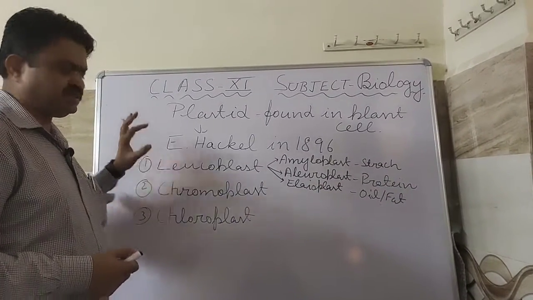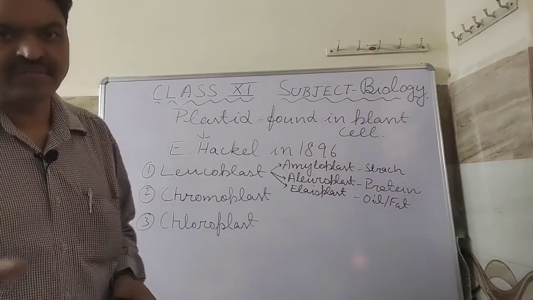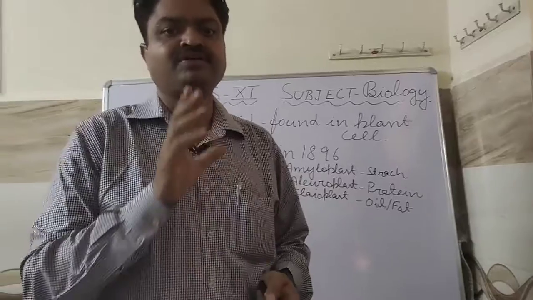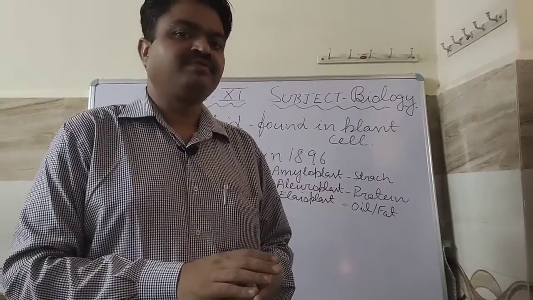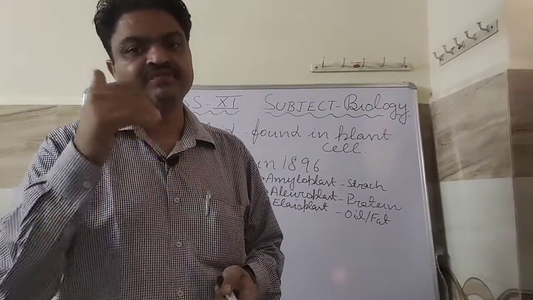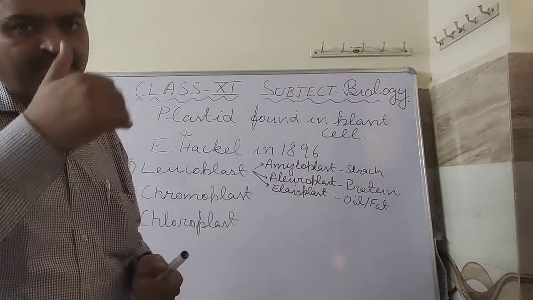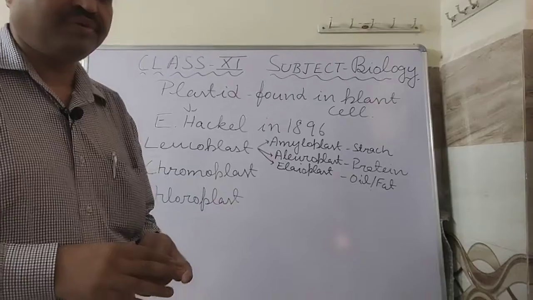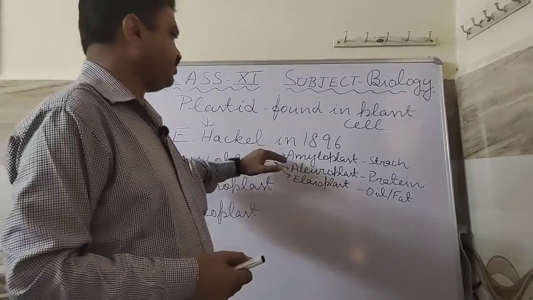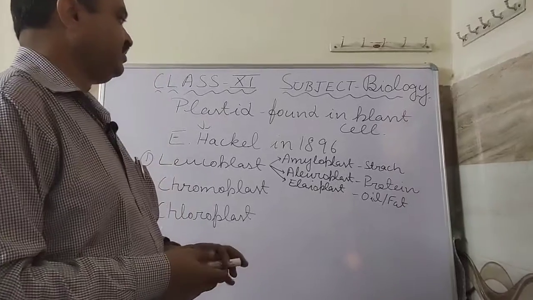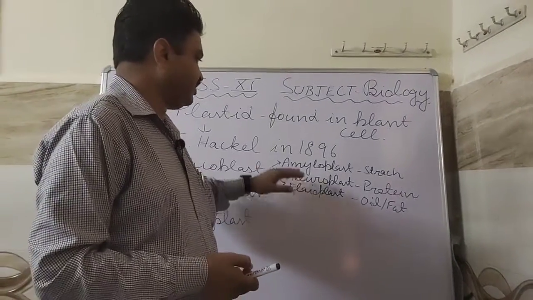Leucoplast is the plastid, student, that does not have color, but it has the important function of storage. Food is stored in different forms in the leucoplast, and according to the storage of the food, it is categorized into three types, student: amyloplast, aleuroplast, and elaioplast.